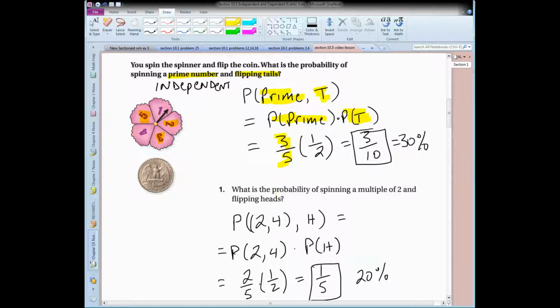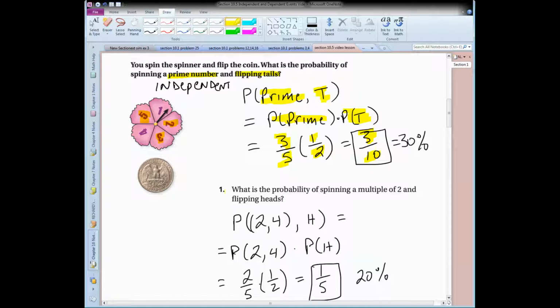Flipping tails, we flipped coins before. We know the probability is 1 out of 2. We just multiply those together. There's no canceling I can do there, so I end up with 3 out of 10, or 30%. So the probability that you would spin a prime number and flip tails is 30%, which is very close to 25%. So it's unlikely that you would do that.